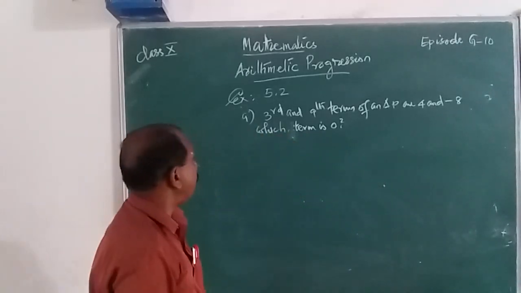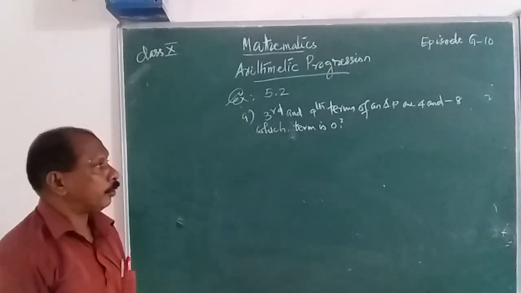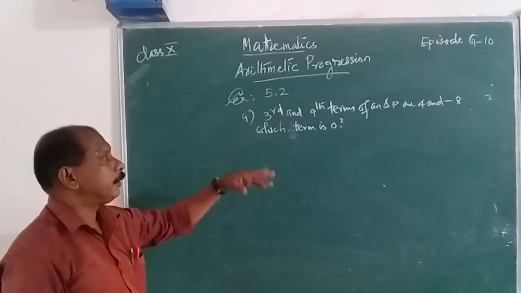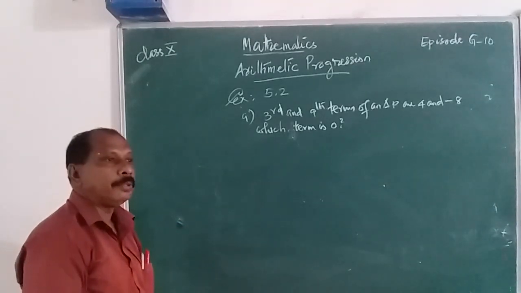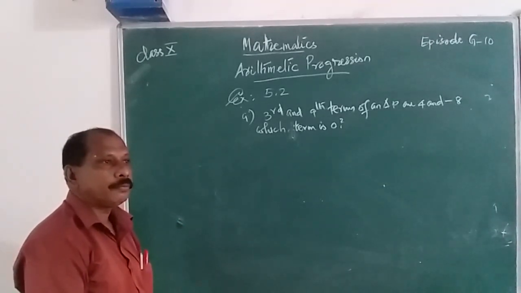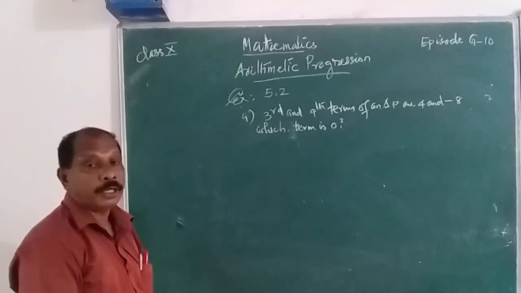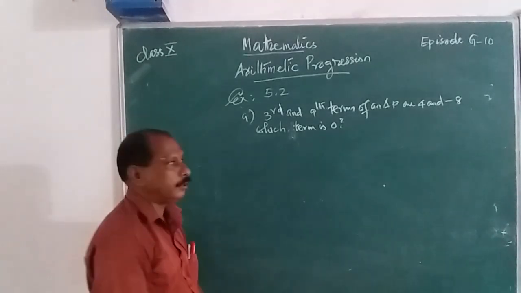So the ninth question is: third and ninth terms of an AP are given. Which term is 0? That means from those two given values we get two equations.